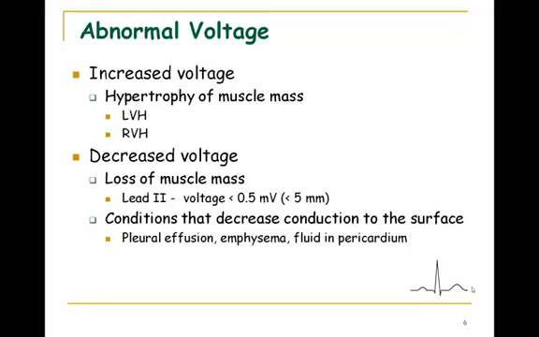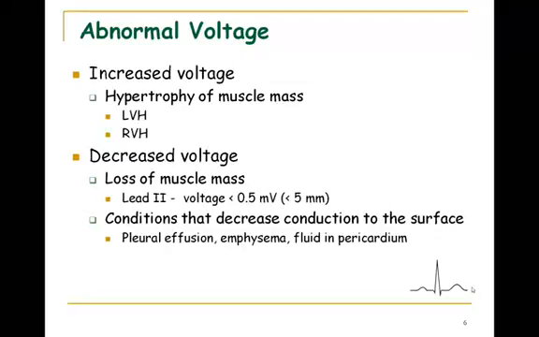If it's low voltage because of loss in muscle mass, that may be more localized, say, to your chest leads, because the chest leads are localized over specific areas of your ventricles, and maybe you only lost muscle in one of the ventricles. You can see it more localized there instead of overall low voltage. So that's a good thing to look for.